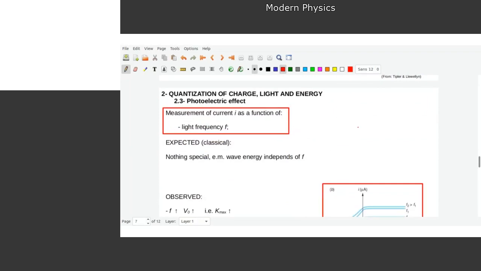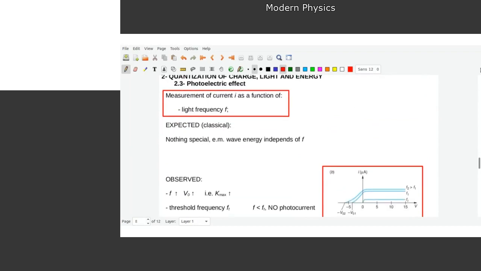And so the other behavior that can be observed is as a function of the light frequency. So you will illuminate your cathode with blue light, with red light. And so what do you expect to observe? Nothing special.